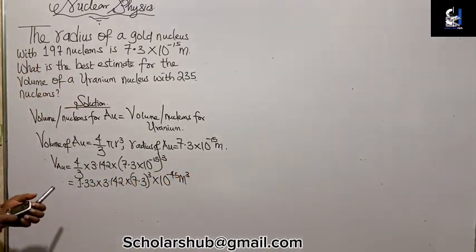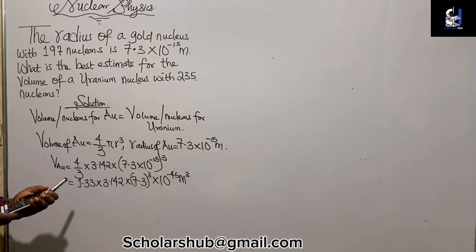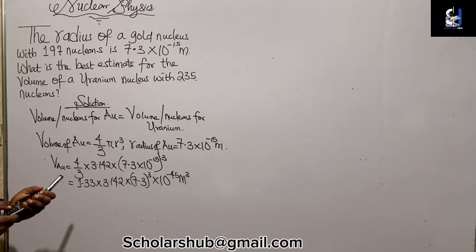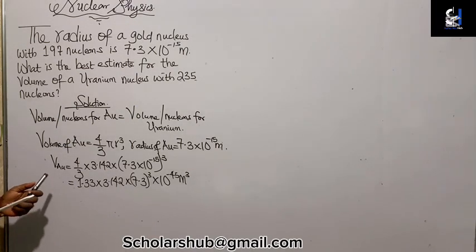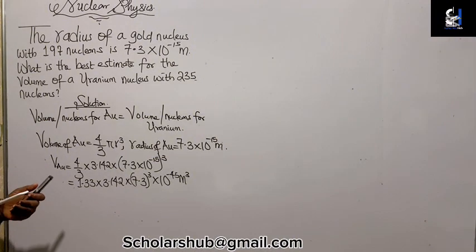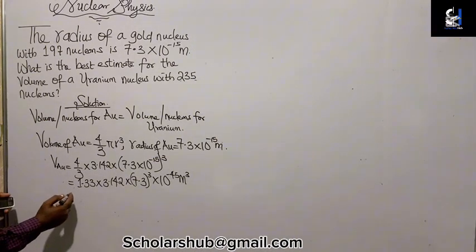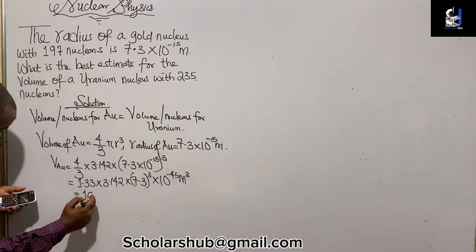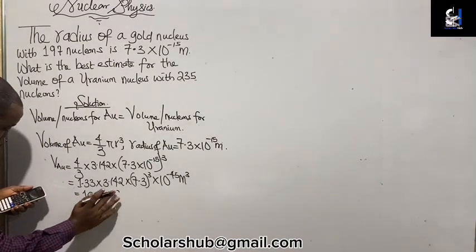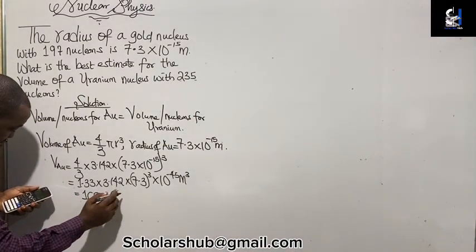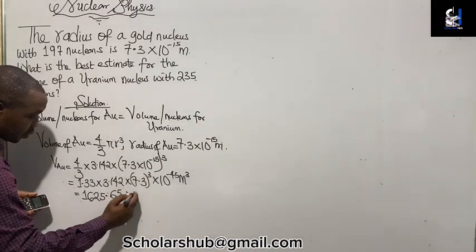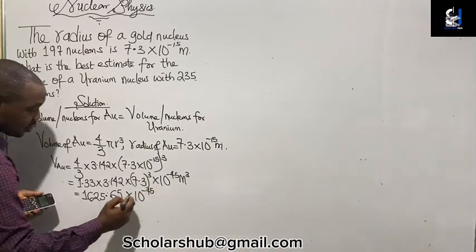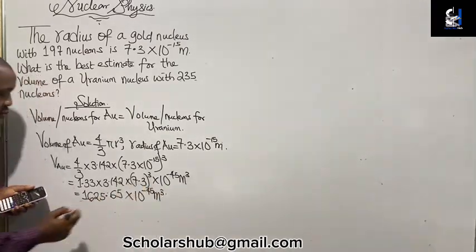Multiplying these, we get 1625.65 multiplied by 10 raised to the power of minus 45 cubic meters.